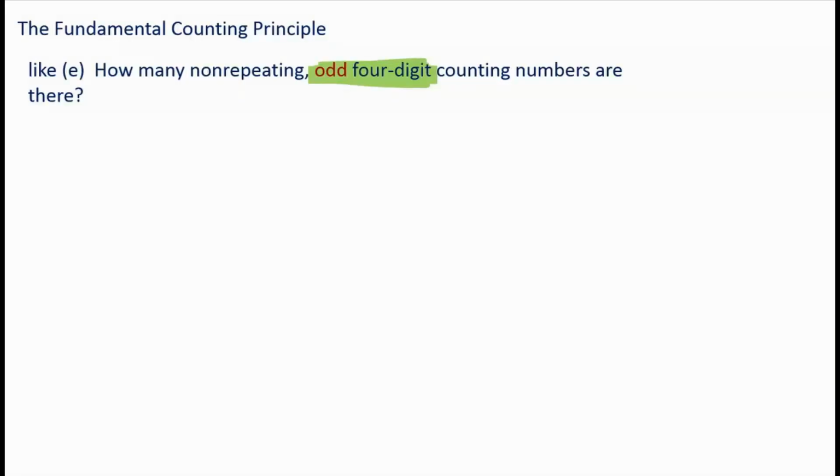Now, how many tasks do we have? We know we have 4 tasks again, because it's a 4-digit number. So we have a task 1, task 2, task 3, task 4. And again, in the last problem, we picked the first number was the first task, the second number was the second task, the third was the third task, and so on. But this time, the most restrictive is the fourth digit.